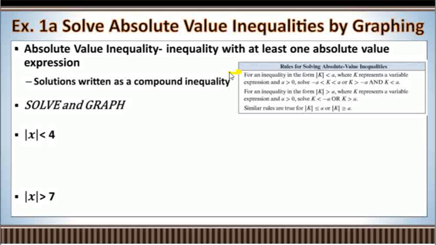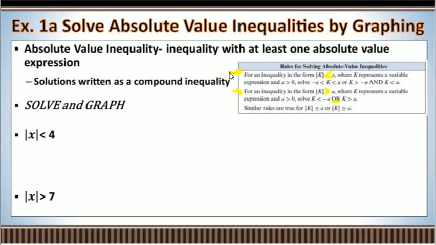So if the absolute value is less than a value, then it's a conjunction, so you use and. For an inequality where the absolute value is greater than a, you would use the keyword or because it's a disjunction.